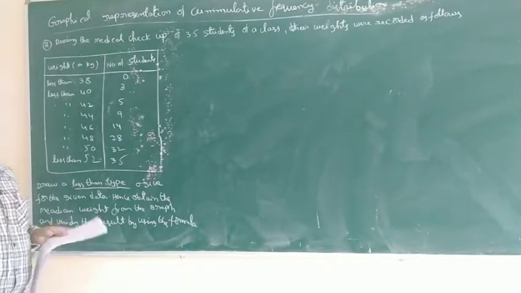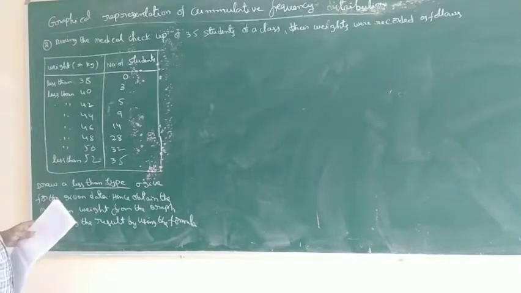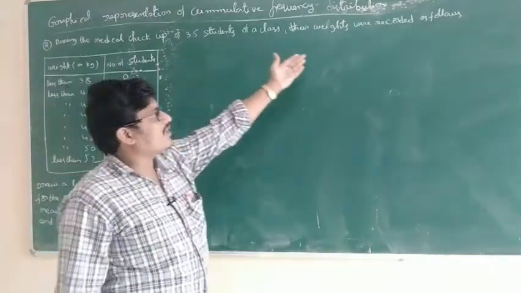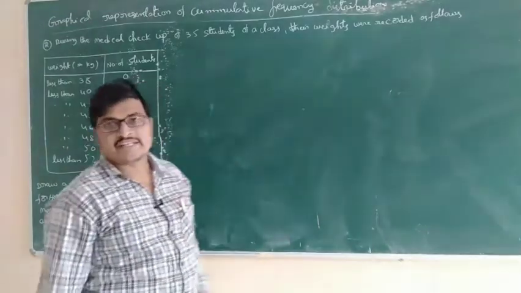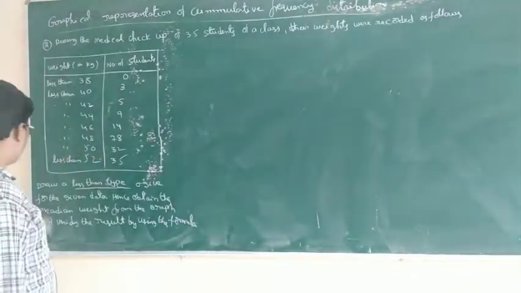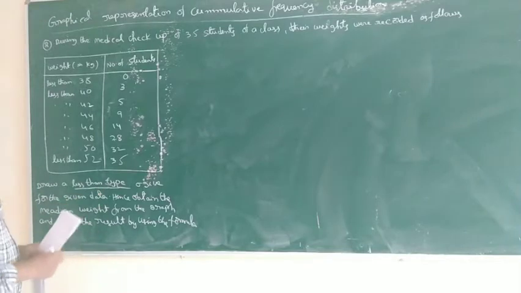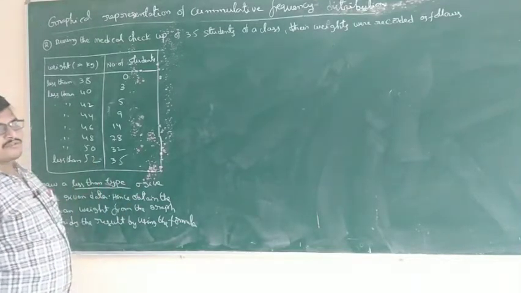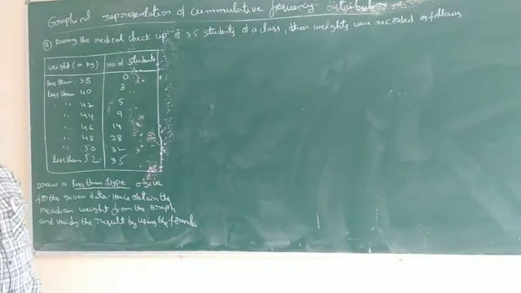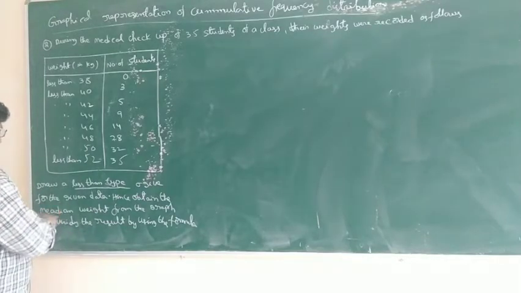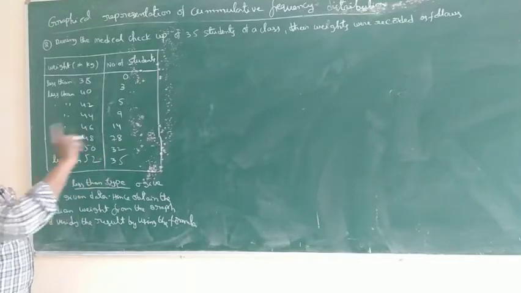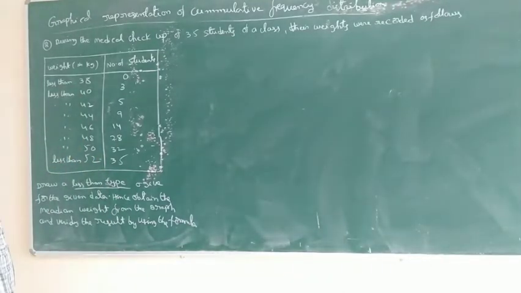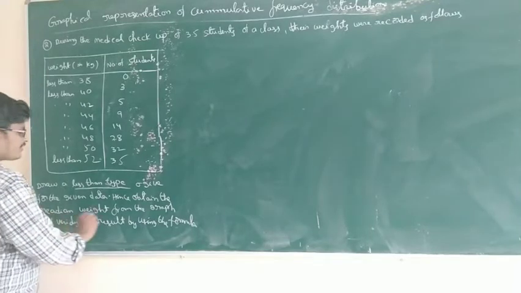Okay, this is the problem. During the medical checkup of 35 students of a class, their weights are recorded as follows. First, draw a less than type ogive for the given data, like yesterday's less than type graph, and hence obtain the median weight from the graph.